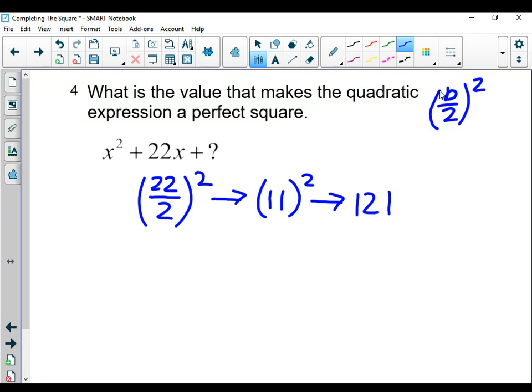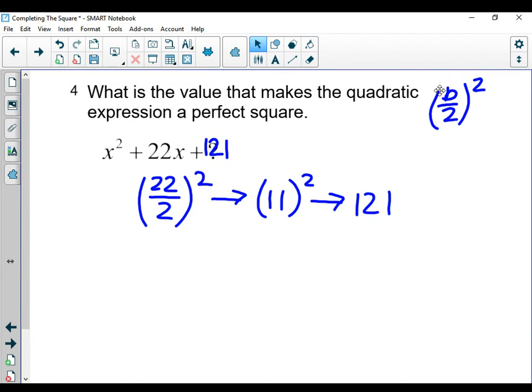So b divided by 2 and square it means we get 121. Okay? So if I asked you to take this question further and say, okay, what are 2 numbers that multiply to get 121 but add to get 22? What would you say?